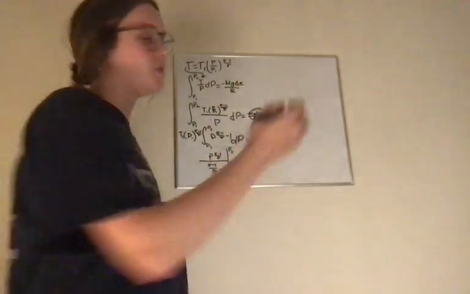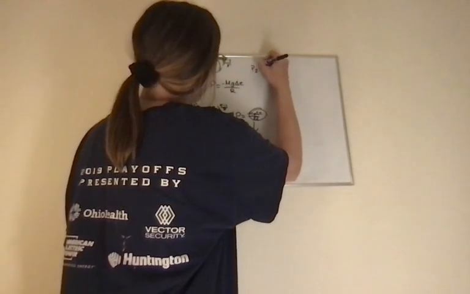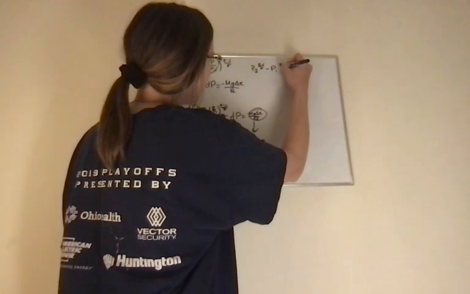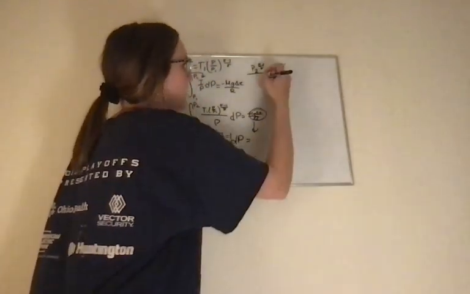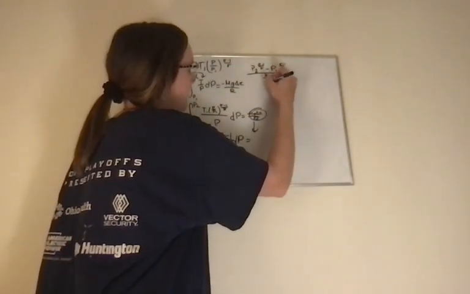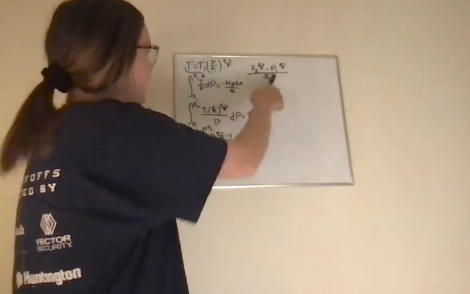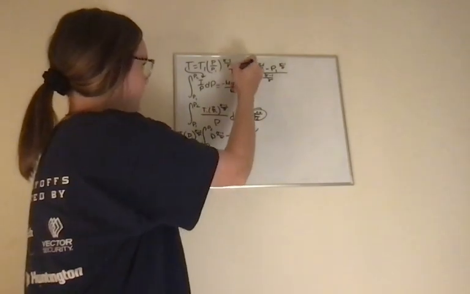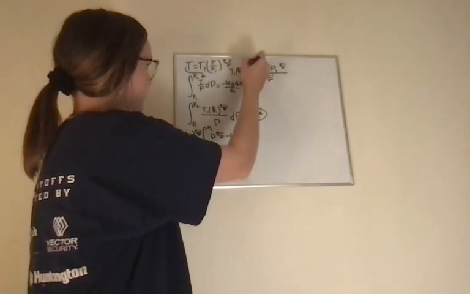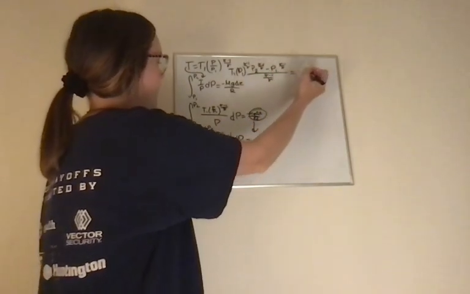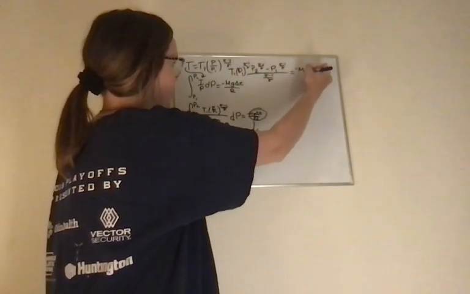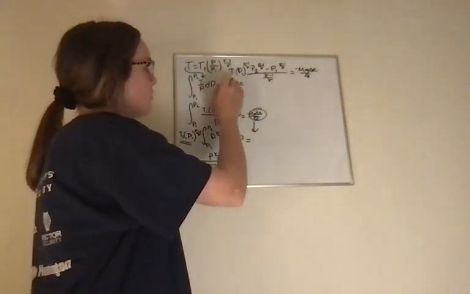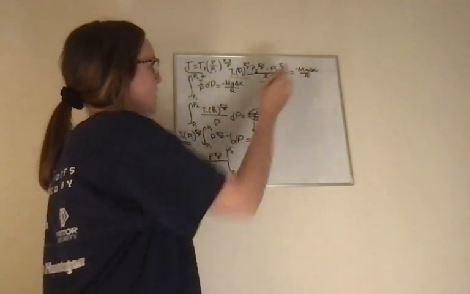And so when you do this, you're going to end up with P2 to the gamma minus 1 over gamma minus P1 to the gamma minus 1 over gamma, all of that divided by gamma minus 1 over gamma. And so this is still multiplied by T1 times P1 to the gamma minus 1 over gamma, and it is equal to negative mg delta z over R. So now we're going to move this and this over to this side.